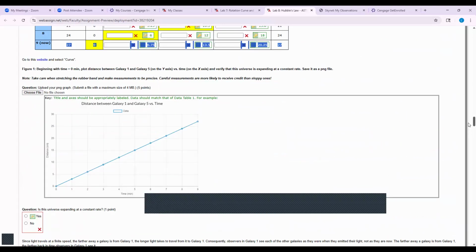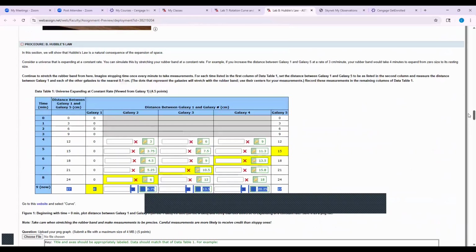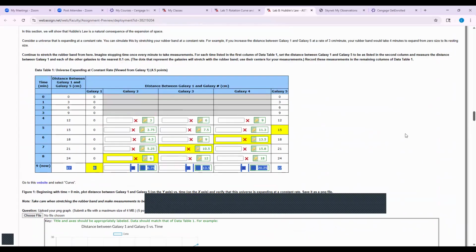But before going to that, we have some activity to prove something. For example, you may ask why I recommended 3 centimeter every 1 minute, and how we can confirm that these values show that the expansion of the universe is at a constant rate. That is a valid question.